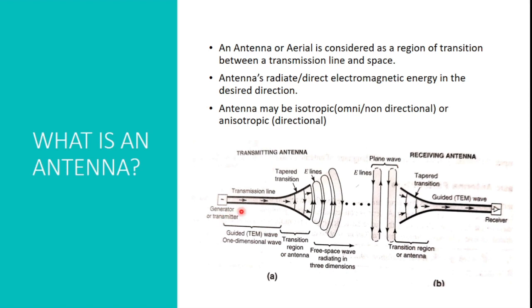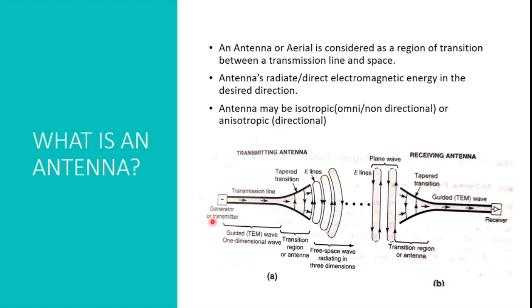So the waves that are transmitting through the transmission line have to be transferred, or we can say there must be a transition from a guided form to an unguided structure. That is where the antenna comes into play.